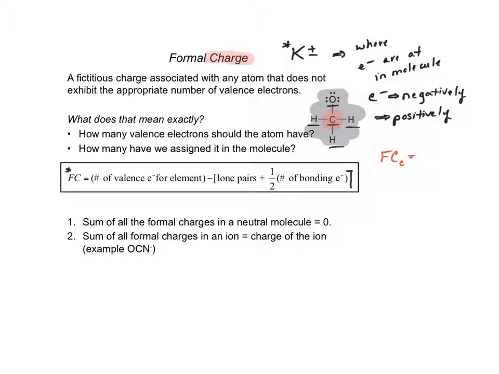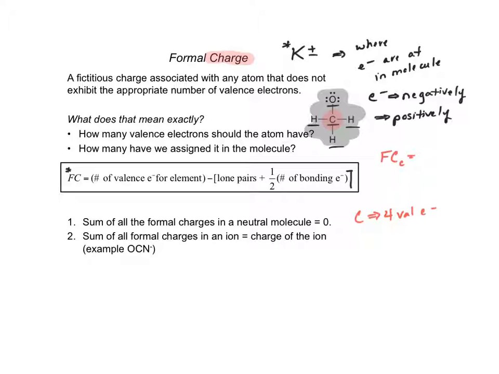Hopefully you guys remember how to know how many valence electrons something has. You go to the periodic table, you figure out which column it's in, and it turns out carbon is in column 4, which means there are 4 valence electrons. Okay, so that's number one, 4 valence electrons. Now again, in a qualitative understanding, I keep getting that mixed up, what we're asking about carbon when we ask about valence electrons is how many electrons does it want?